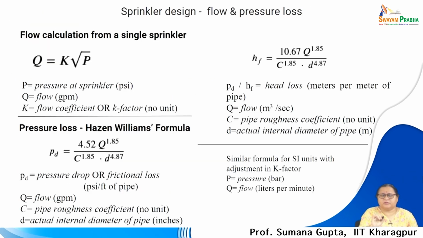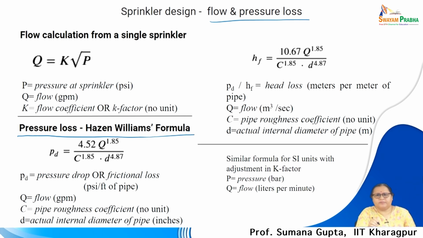Also, these slides are added, those who would like to take interest, you can even calculate the pressure loss. Because of running through the pipes, there is the Hazen-Williams formula, you can see here the pressure loss due to the running, because as I told you, you have to maintain a pressure.